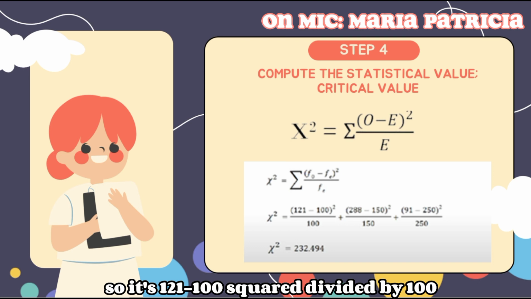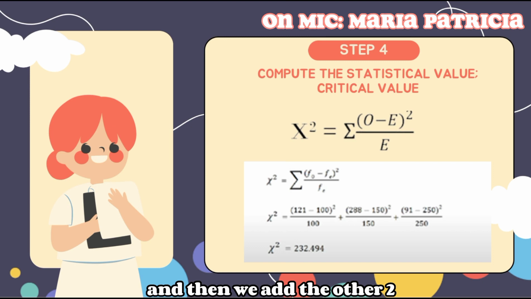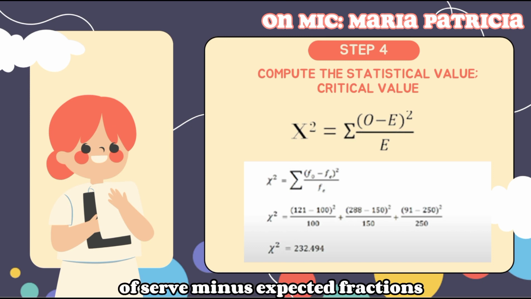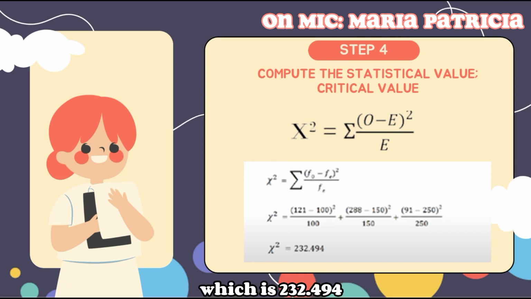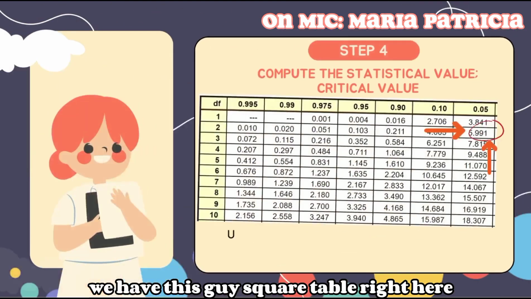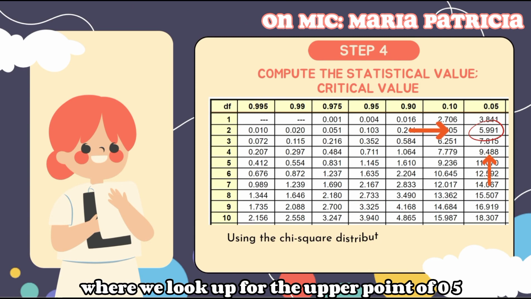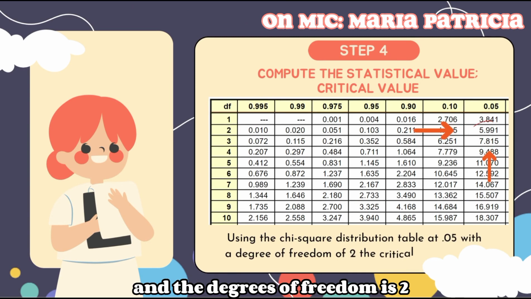So it's 121 minus 100 squared divided by 100, and then we add the other 2 observed minus expected fractions to get our total chi-square, which is 232.494.